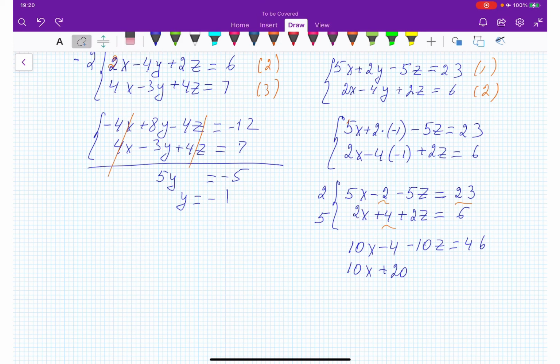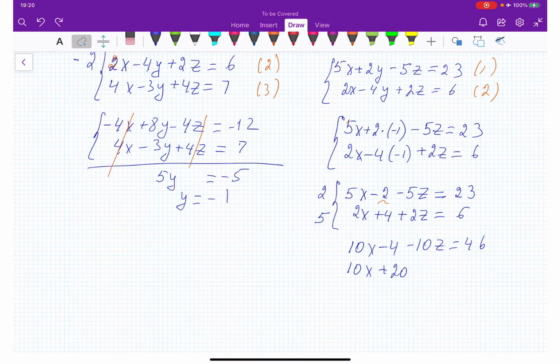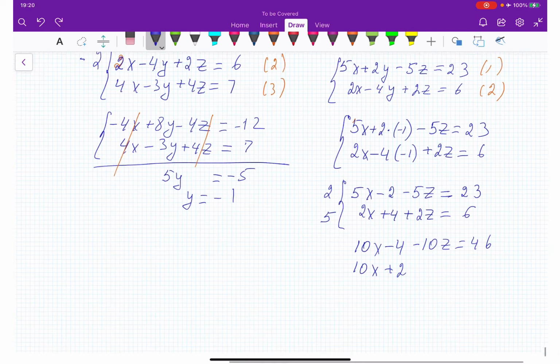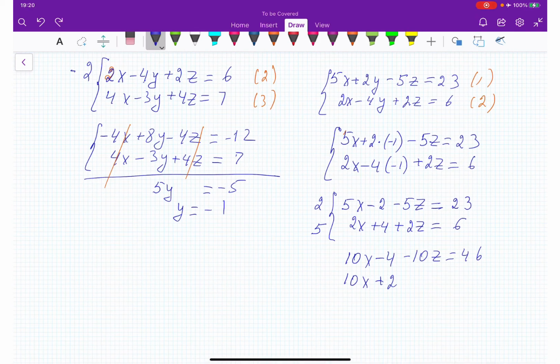Okay, plus 20. And what do we have? Plus 10z. And that is equal 5 times 6 is 30.